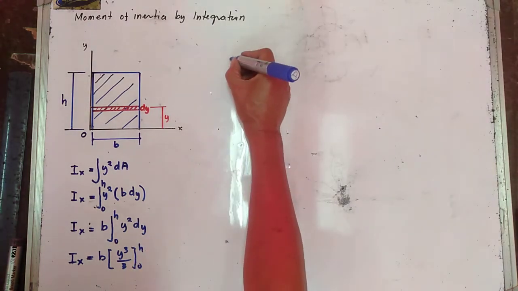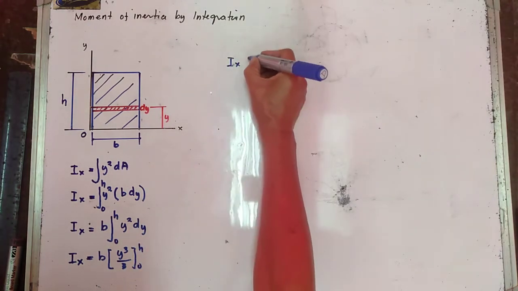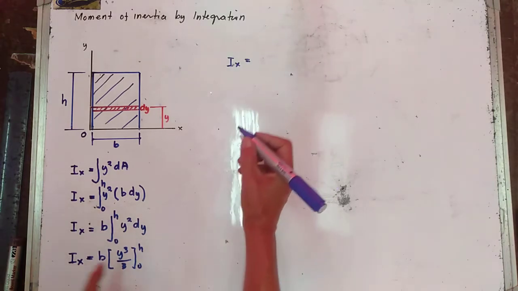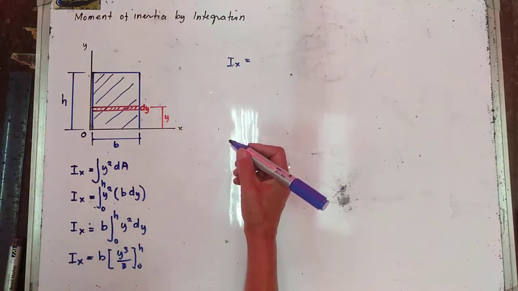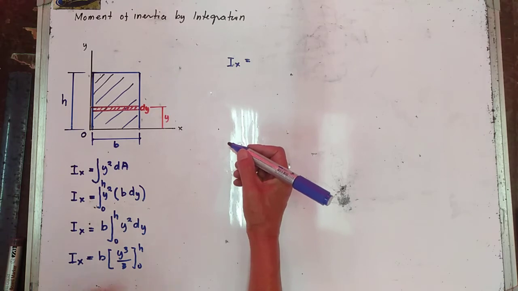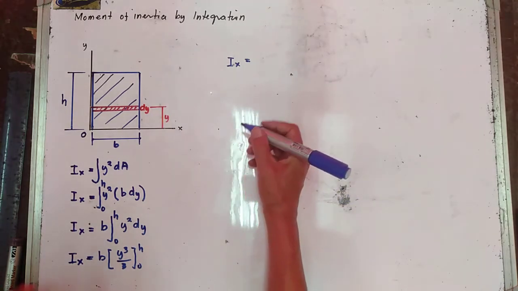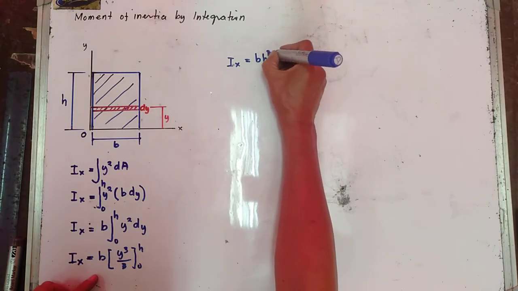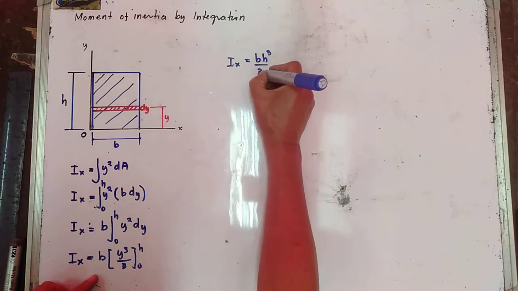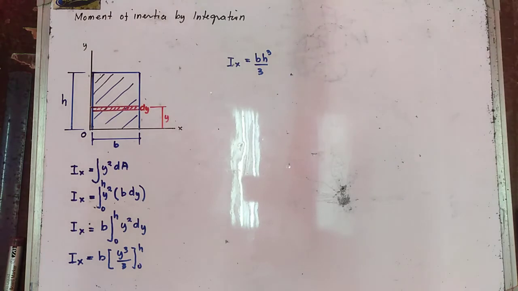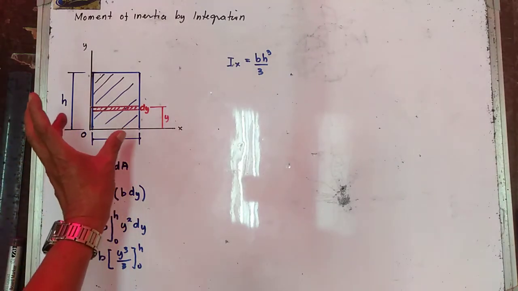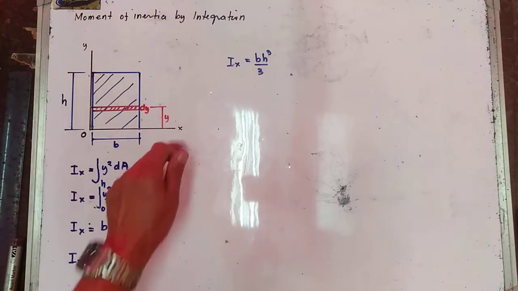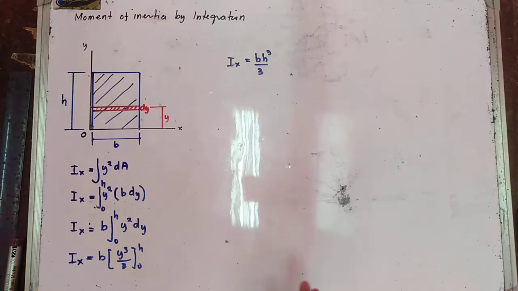So your Ix is equal to, substituting the upper limit minus the lower limit, where the lower limit is 0, b h cubed all over 3. So that is the moment of inertia of this rectangular area with respect to the x-axis.